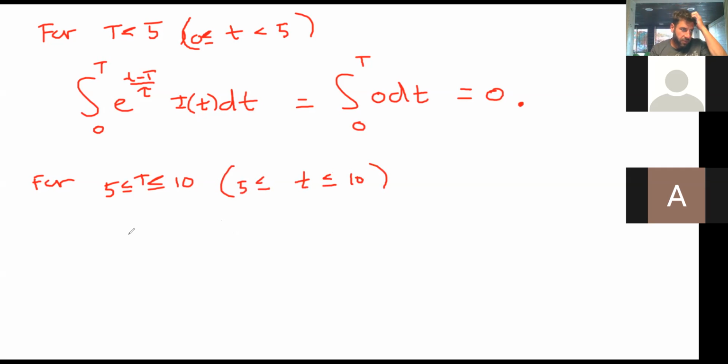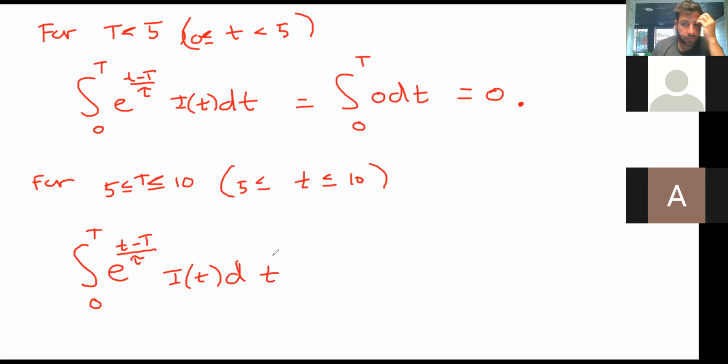So what happens to the integral now? For I of t, do I just plug in what it is? It's 2, right? Well, we have to be careful here. We have to ask ourselves, how is this going to work?